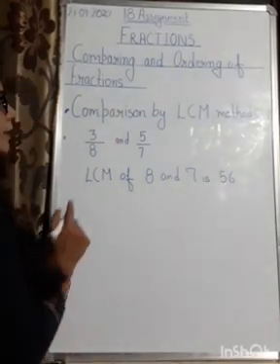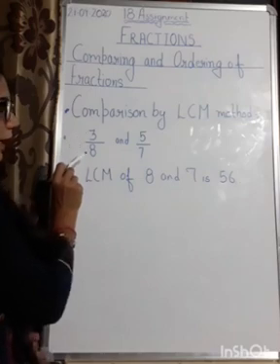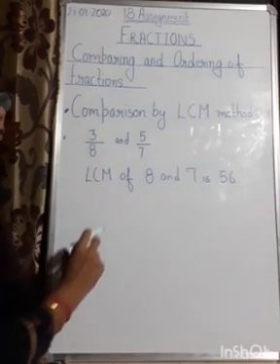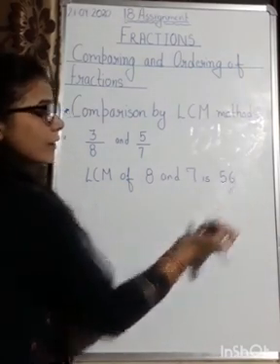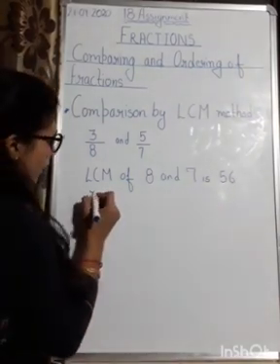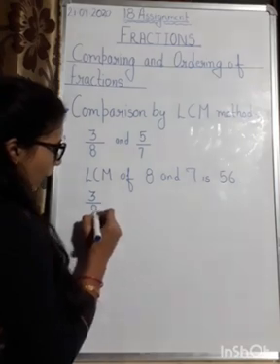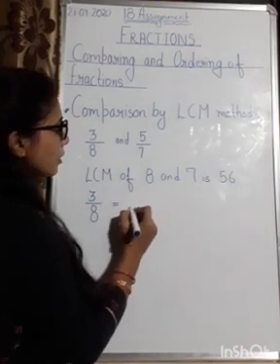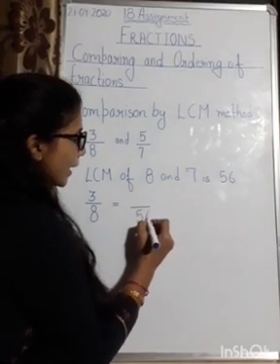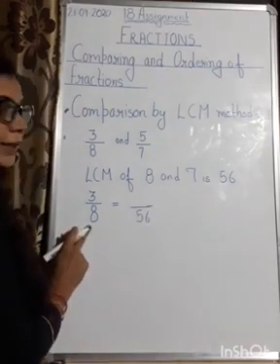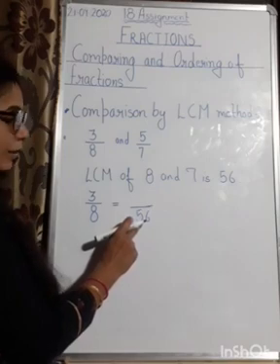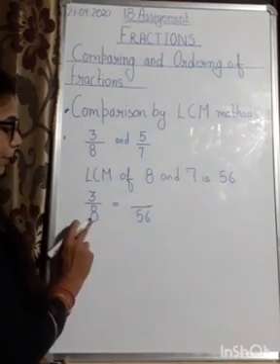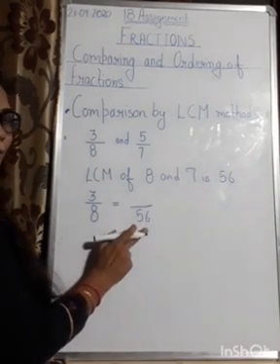Now what is the second step? You have to convert both 3 by 8 and 5 by 7 to an equivalent like fraction with denominator 56. First take your fraction 3 by 8 and convert it into an equivalent fraction with denominator 56. Here it is 8 and this is 56, so this is the bigger number. How do you find the number to multiply 8 with to get 56?